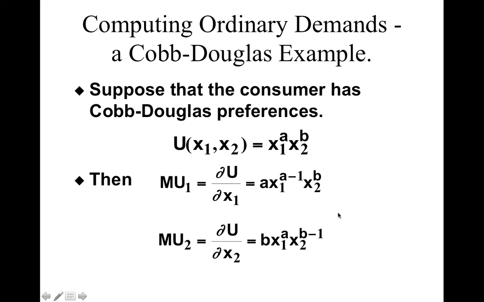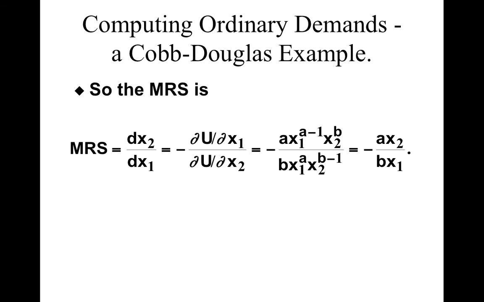You have to divide the marginal utility derived from the first commodity by the marginal utility derived from the second commodity. And when you do that, this is what you get. The indifference curve implied by a Cobb-Douglas preference has a slope, or marginal rate of substitution, given by minus a x2 by b x1. Again, remember, a and b are the expenditure shares on x1 and on x2.